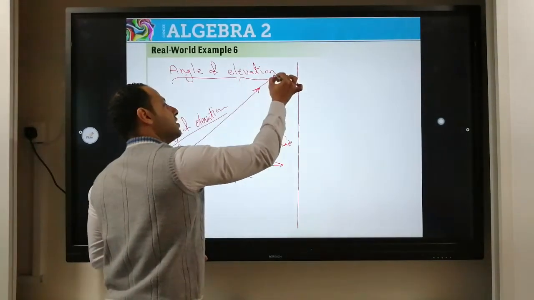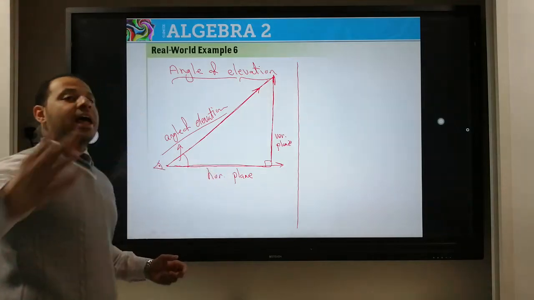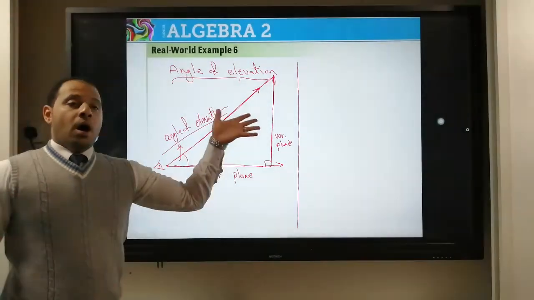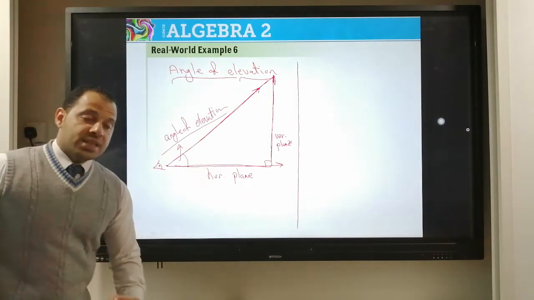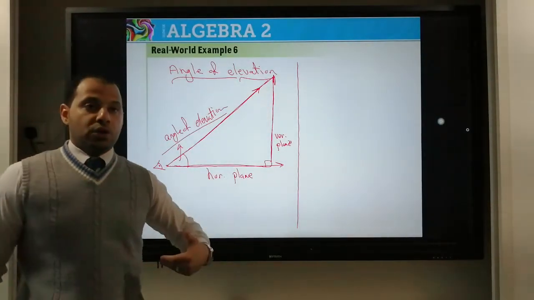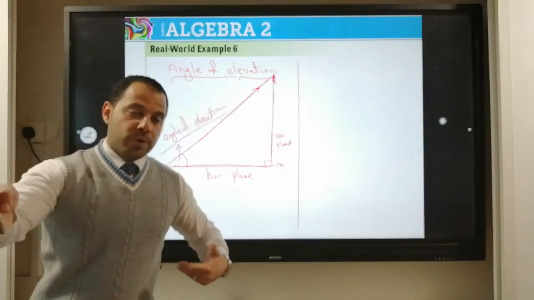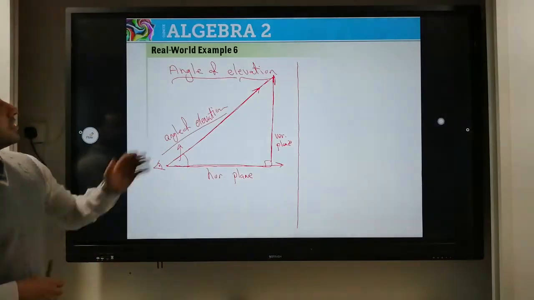So if you close this, it becomes a right triangle. So we can now relate it to the trig functions, and use one of them according to the information given in the problem. This is the angle of elevation.